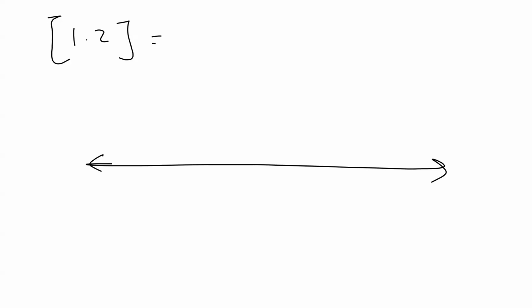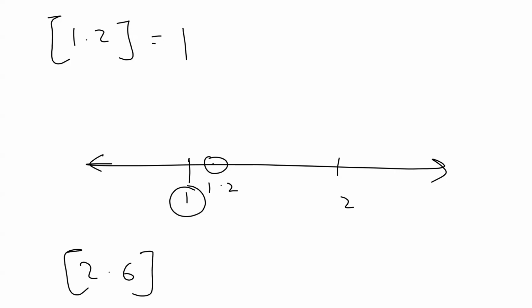Now let us take some decimal values. 1.2. So on a number line, 1.2 lies over here. So take the lesser integer, less than or equal to. So it is 1. 2.6. So 2.6 is between 2 and 3.